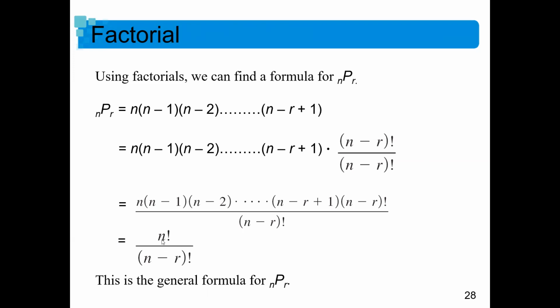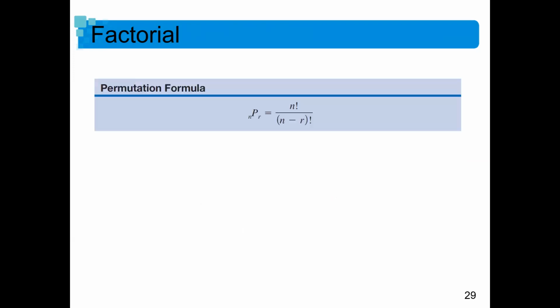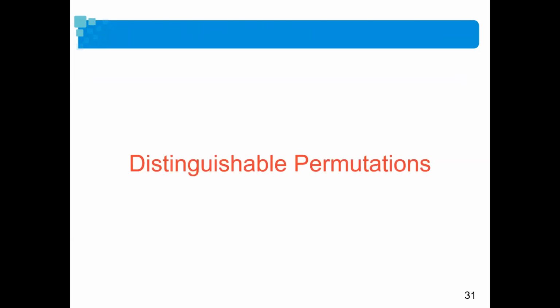So again, n here is the number of elements in the set, and r is how many you will get at a time from the set. So this is the formula for permutation. nPr is equal to n factorial over quantity n minus r factorial.